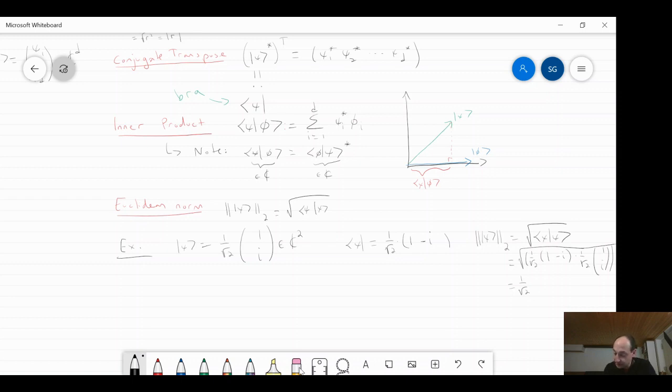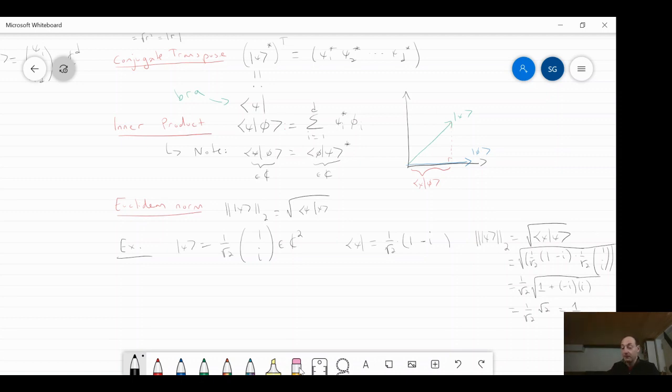Well, it's 1 times 1, plus minus i times i. And what is this thing? Well, i squared is minus 1, but there's a minus 1 here, so this is just going to be 1 over root 2 times root 2, which just equals 1. So in other words, this is what we call a unit vector. The norm of this vector is precisely 1.